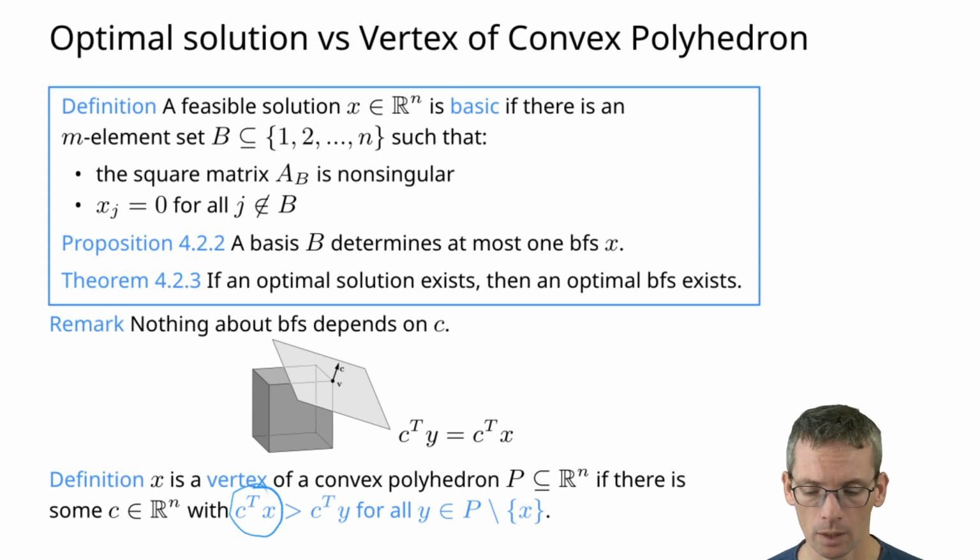So you could see it as saying there is a linear objective function which has this point X, or this vertex X, as unique solution, then it is a vertex.